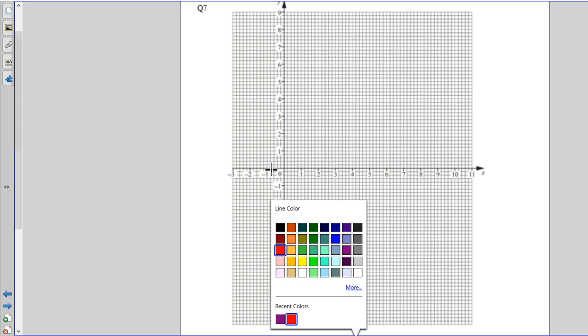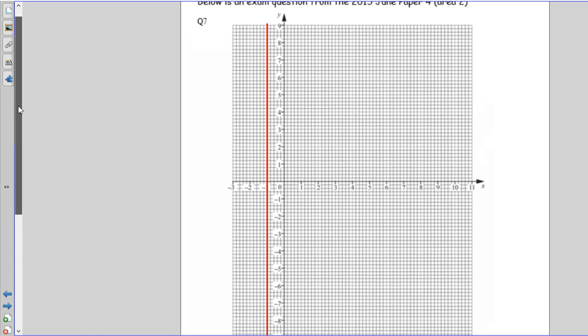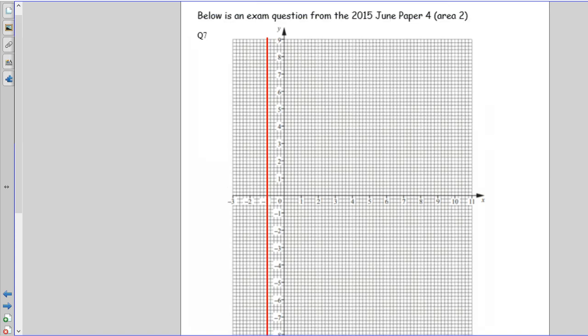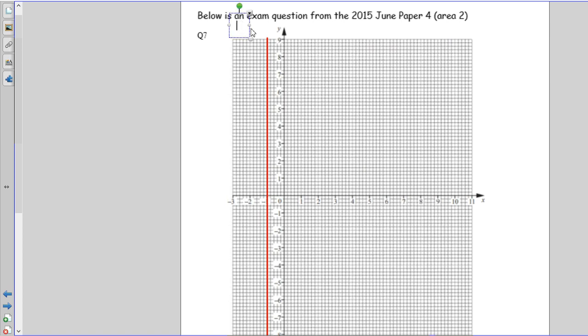I really hope I've hit the right point. If not, I can adjust it later. Make sure you use a ruler. Is that on -1? I hope it is. Yep. So I should now label this little point here, x equals -1. I'm going to label it in red.